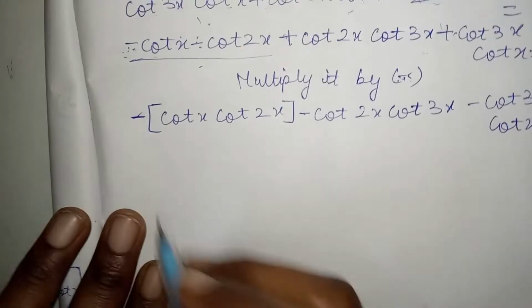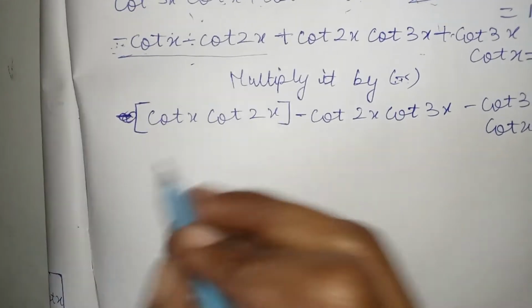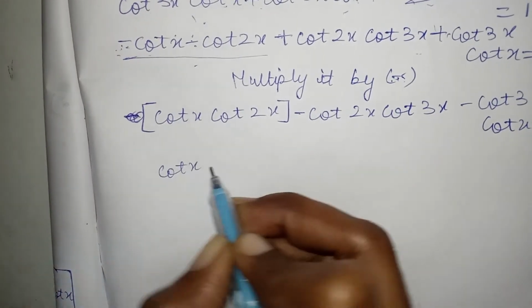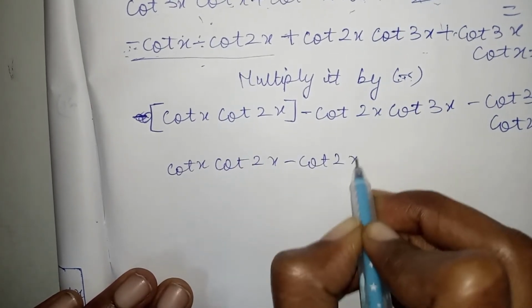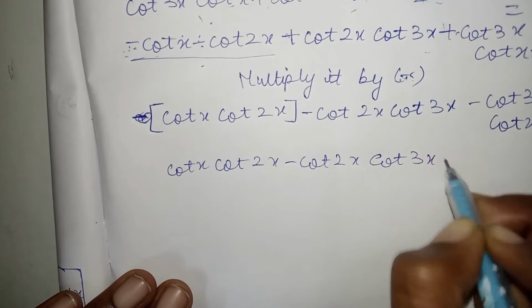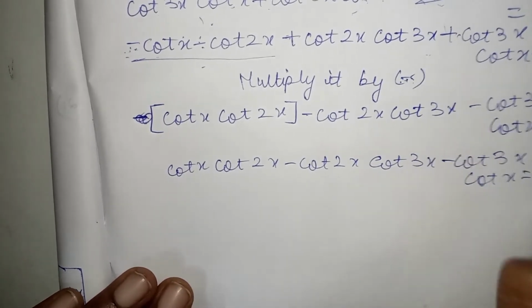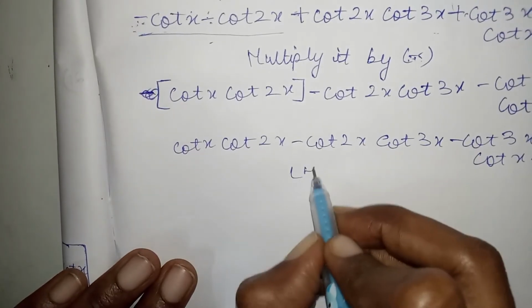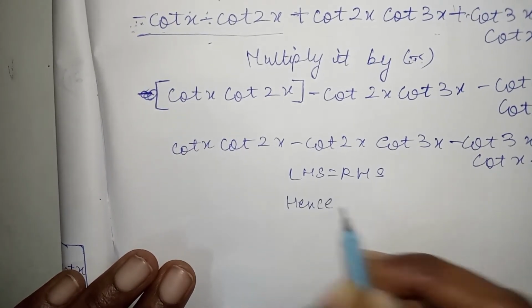So the question is solved. Write as it is, we have proved it. So we have to write it as 1. So left hand side is equal to right hand side. Hence verified.